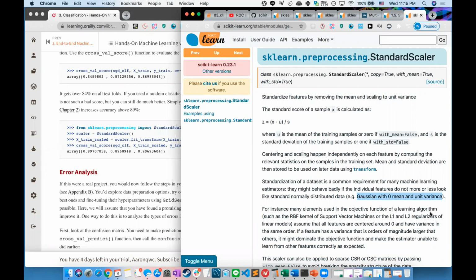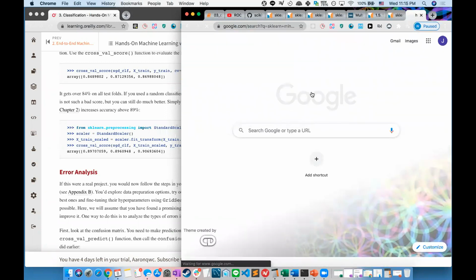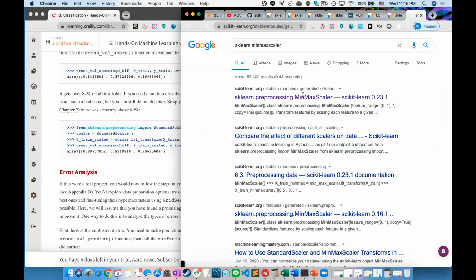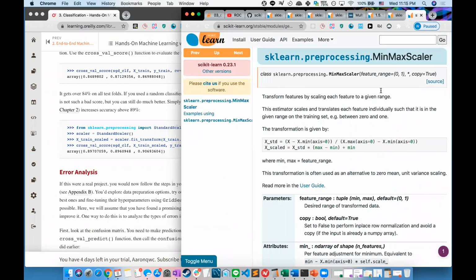But if you normalize instead, that means subtracting the minimum value, dividing by the maximum minus the minimum, and then adding back the minimum value.